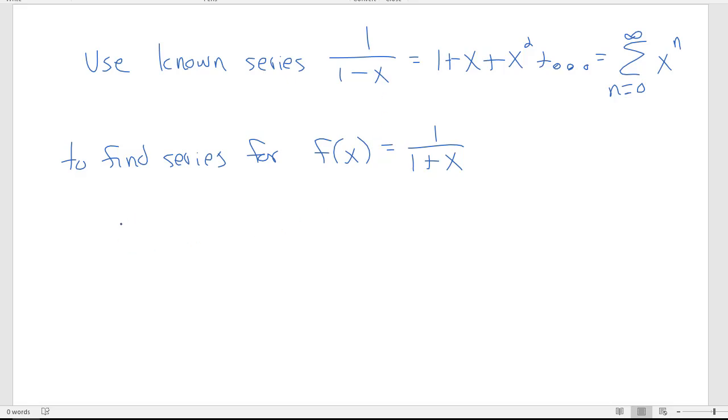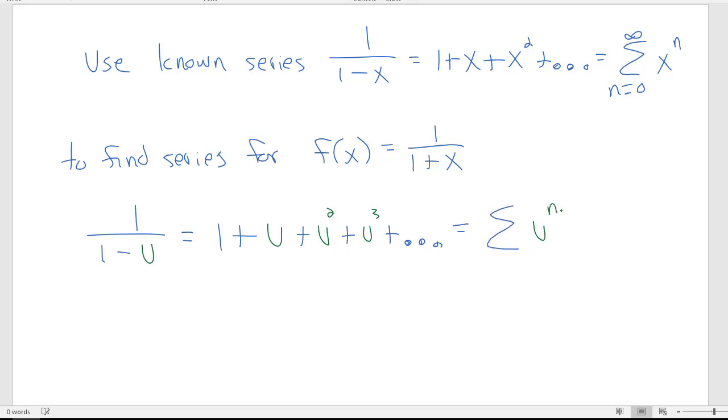So what I want to think of is 1 over 1 minus u is equal to 1 plus u plus u squared plus u cubed, so on and so forth, plus ... So that equals the sum of u to the n, as n goes from 0 to infinity.